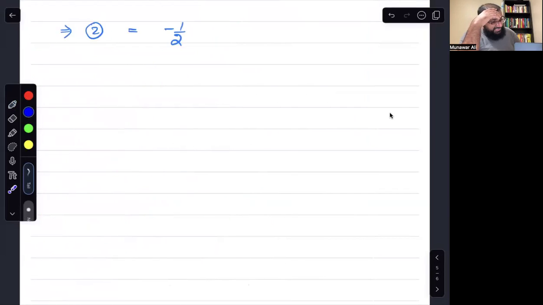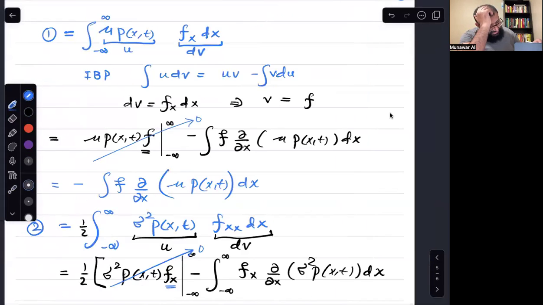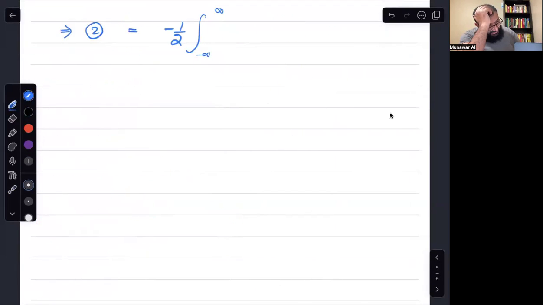and then I have the integral from negative infinity to infinity, and then I have, partial by partial x of sigma squared p of x,t f_x dx. Since I told you I want f only, not f_x, I will apply integration by parts again.